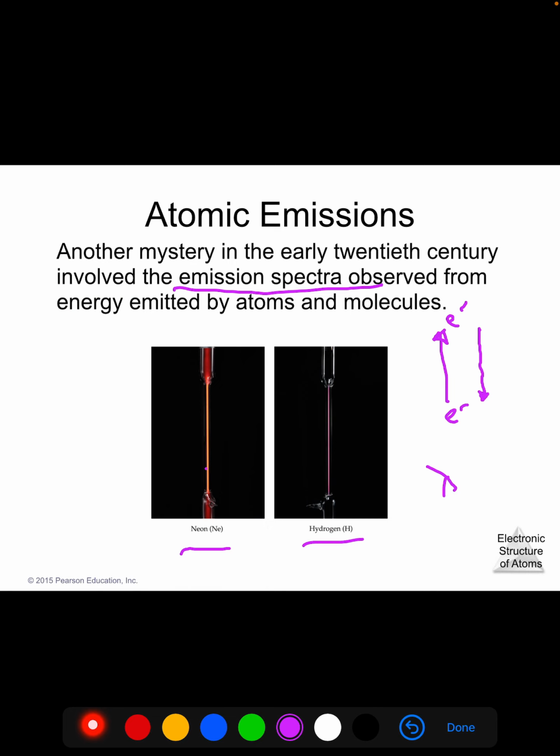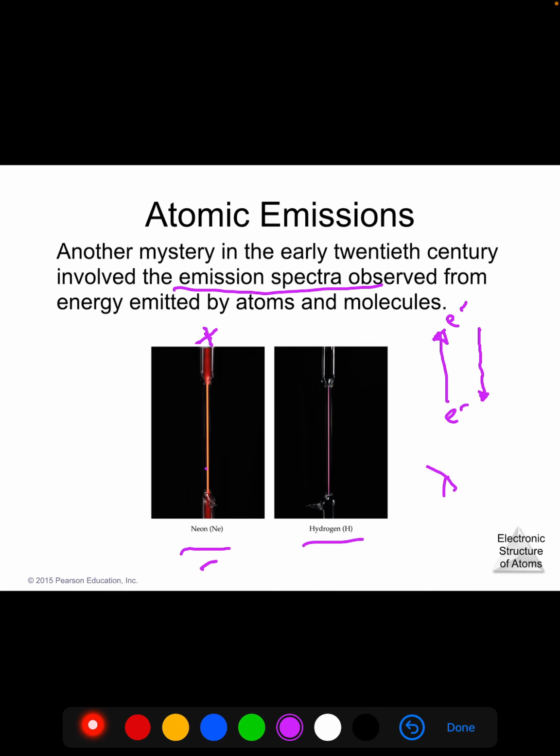So, again, when we excite these gases, and you can do all different kinds of elements in here, I like to do mercury and a few others. When you put them, this is basically a neon light. We put a current across here, and actually it's an alternating current, so it shouldn't have plus and minus, but you put a current across here and excite those electrons in this vacuum tube.